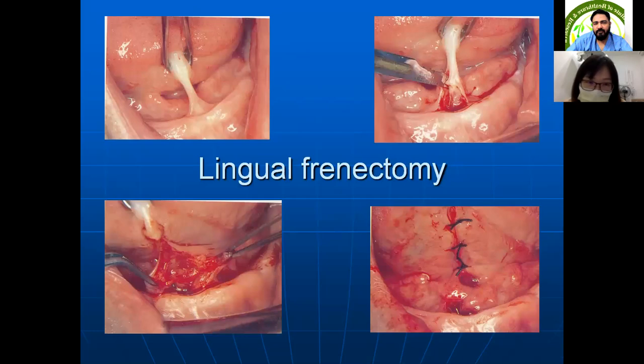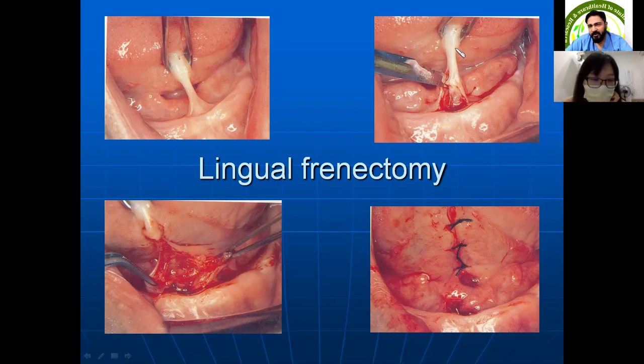Next is frenectomy. This is the lingual frenectomy. The excess of the frenum is removed. This was a thick band, as you can see. It is removed with the help of a blade.